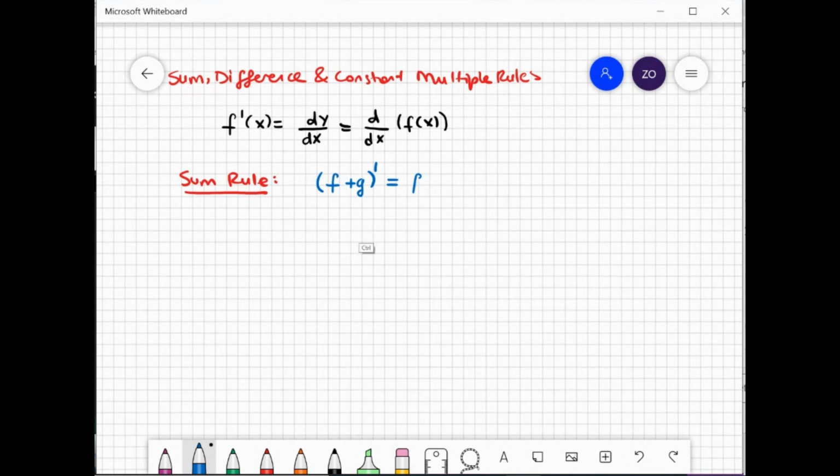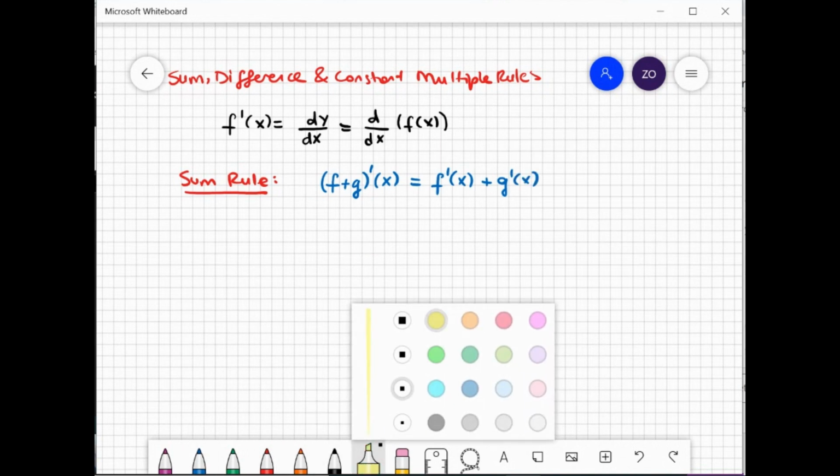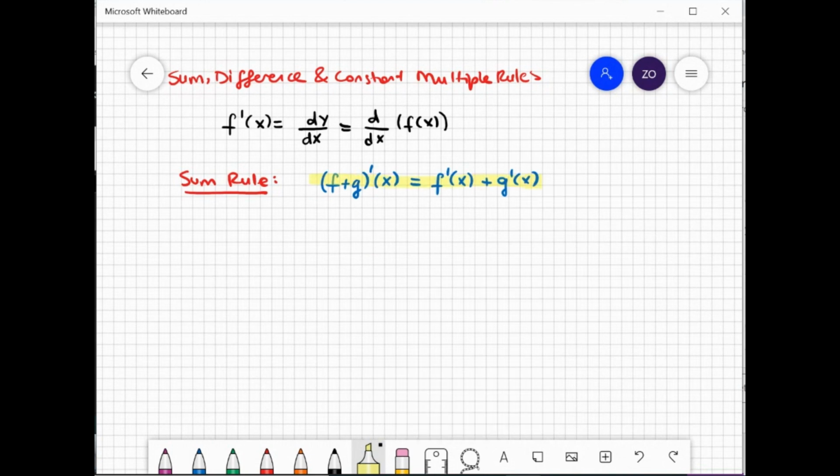Sorry, let me just do it this way. If you have a function f plus g, its derivative means the function f prime plus g prime of x. So this is the sum rule.